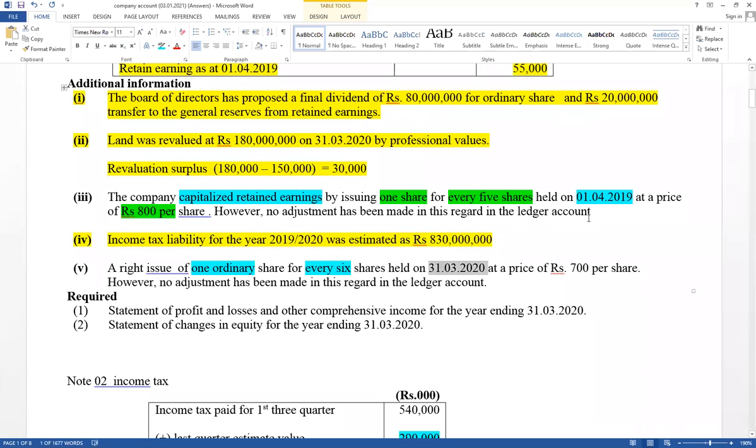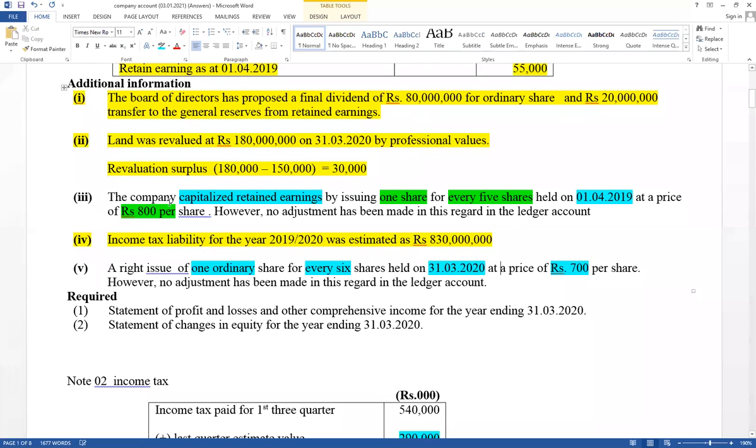Reserves capitalization is given at the beginning of the year, but right issue is given at the end of the year. Date also very important. And per share price is given 700. Therefore, think about how to adjust share issue. This one, end of the account period. Those are the things you have to consider.